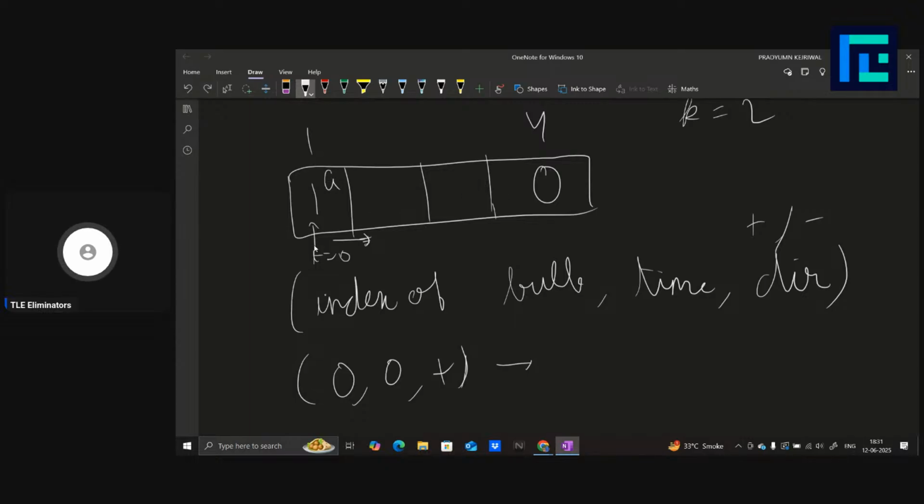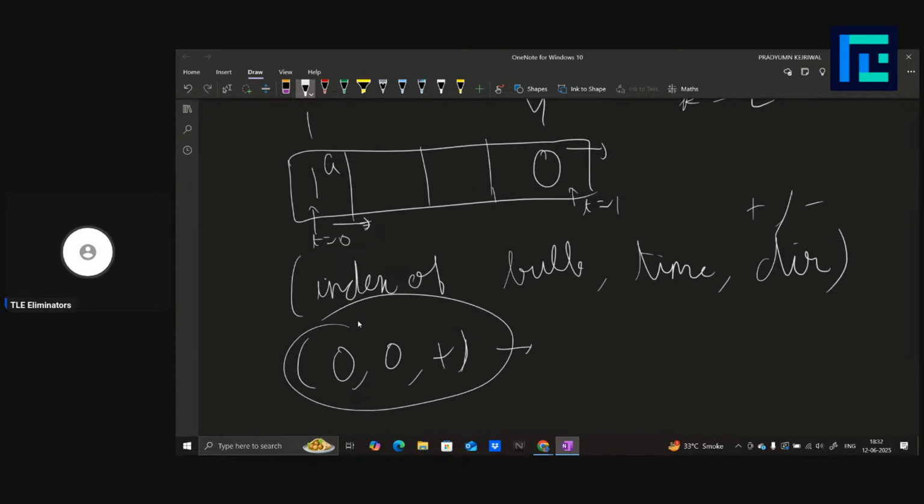So if we start here with these coordinates, we will reach this state in the positive direction at t equal to 1. So from 0 0 plus, we can reach 1 1 plus, where 1 is the index of this light bulb, the time is 1, and the direction is also positive.